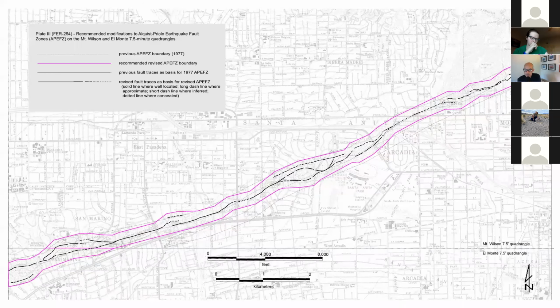And from these, we could feed them into the equations that Chris and Rachel were talking about with respect to probabilistic fault displacement hazard, because in a way we already have a probabilistic statement right here, which is that the black lines, especially the solid ones, are the most probable zones of rupture. The dashing would be somewhat less probable. And then the zone enclosed in the purple line is potential for rupture. And outside of that, it's very low. So this is a raw material for that next step.